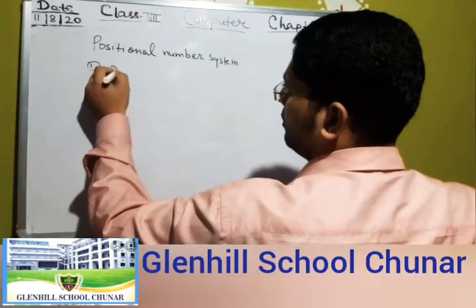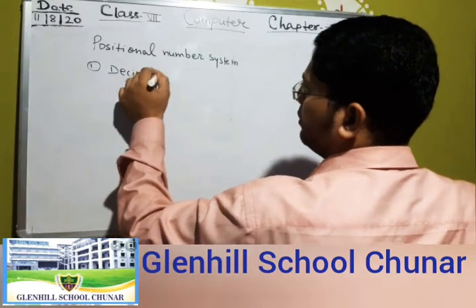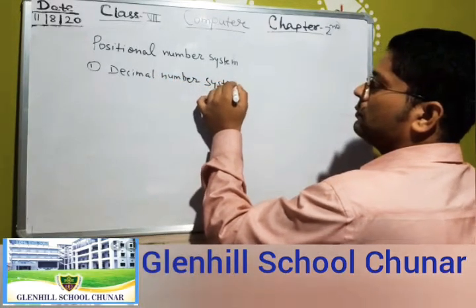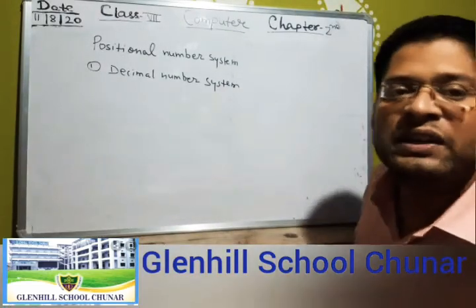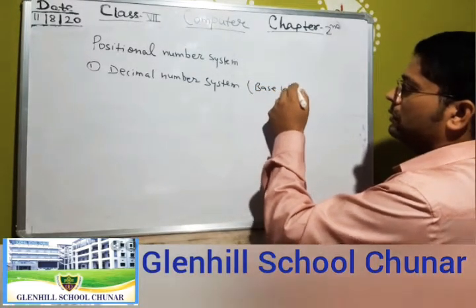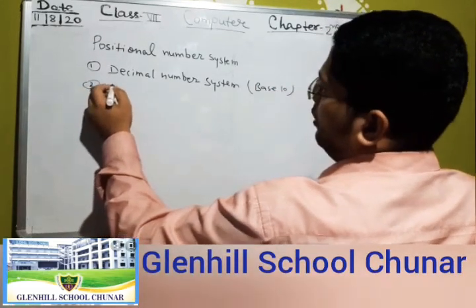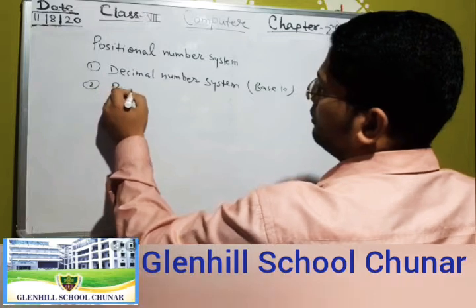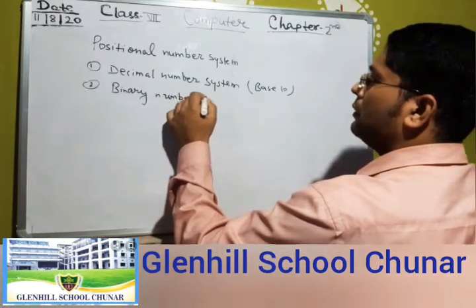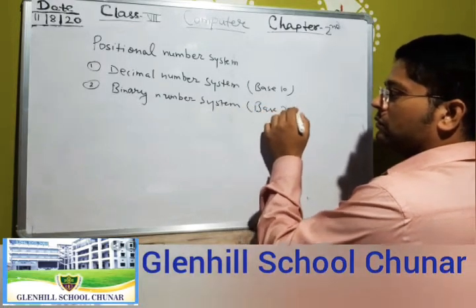First, the decimal number system, and you know what the base of decimal number is? So that's base 10. Yes, and second, the binary number system, that base is 2.